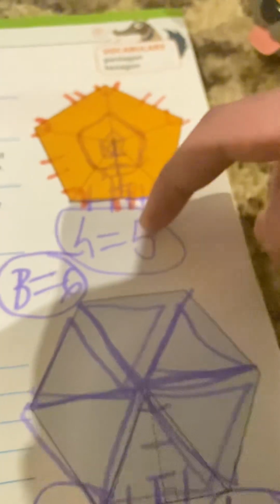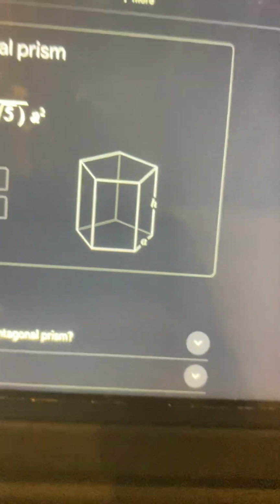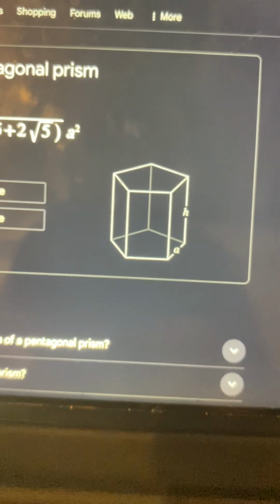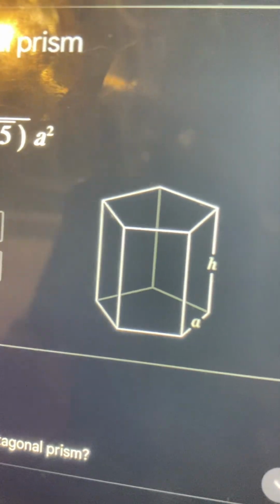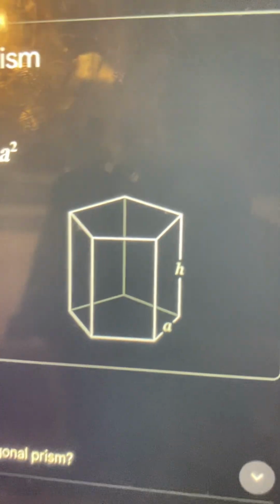Find the area of one of the triangles, and then multiply that by 5 because there are 5 of them. And once you found the area of both pentagons combined, by adding the areas together, you next find the area of the lateral faces and then add those together, and then add the areas of all of the faces together.